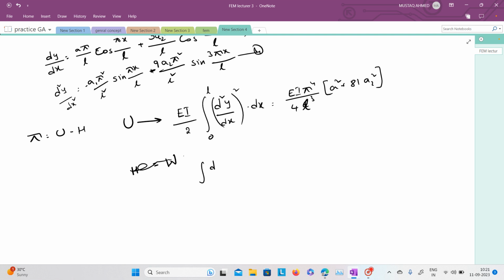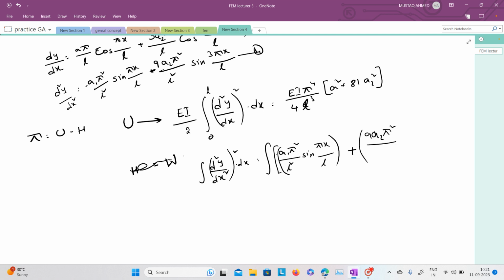Let us consider just the integral of d square y by dx square whole square into dx, which equals the integral of minus, if we take it outside it will become plus, a1 pi square by L square sin pi x by L plus 9 a2 pi square by L square sin 3 pi x by L, to the whole square.